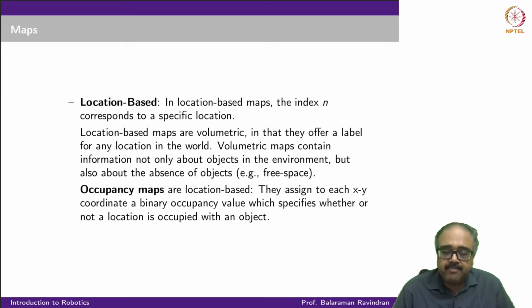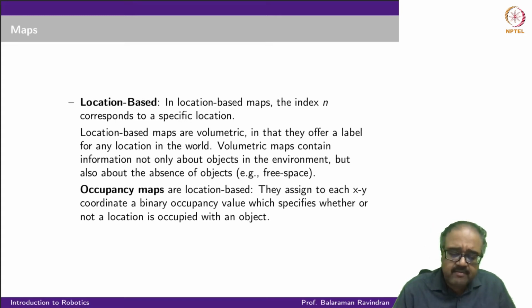Volumetric maps not only contain information about the actual objects, they also contain information about the absence of objects, for example, free space. So if I want to know if there is a particular location to which I can move, having a location-based map and seeing that location marked as free space is a useful thing to have.